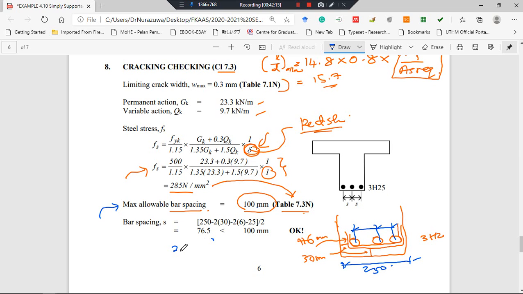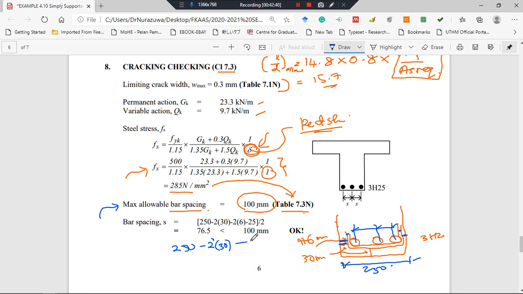Okay, 250, minus this side and this side, which is the concrete cover, minus 2 multiply with 30, double concrete cover. So we have here 30 millimeter, minus 2 shear link diameter here and here, because we need to go here.